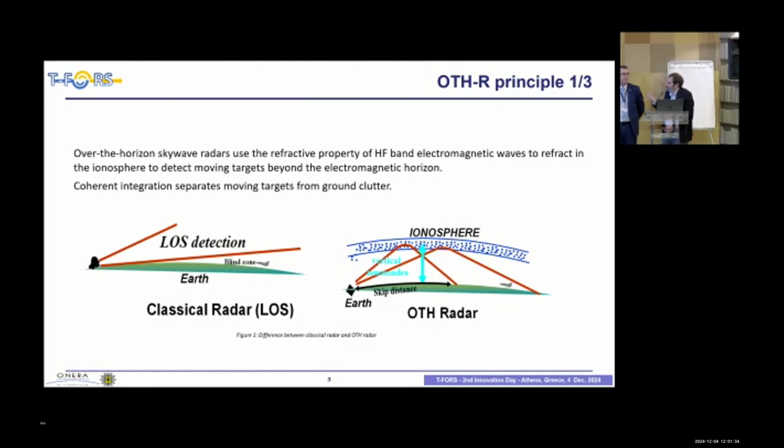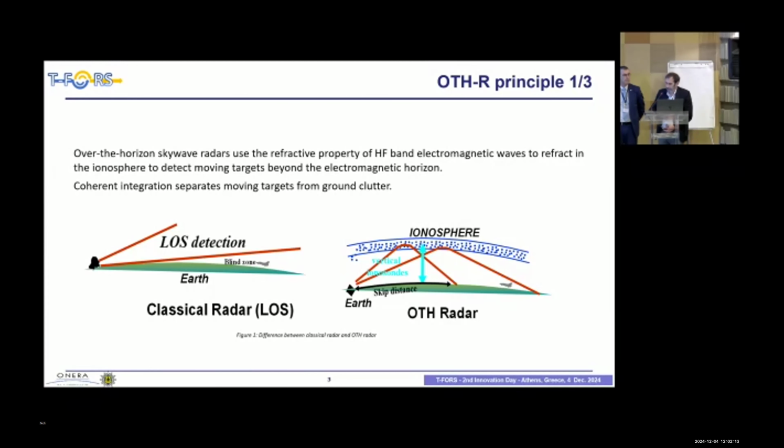And in the history of OTH radars, it was somehow abandoned for some years, and now it has come back on the stage, and we saw, for instance, on the Canadian side and US side some interest in such kind of technology, especially to monitor very northern areas where some activity takes place, and this is something which is for our understanding quite interesting for future applications.